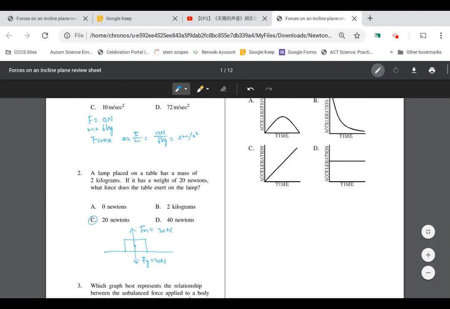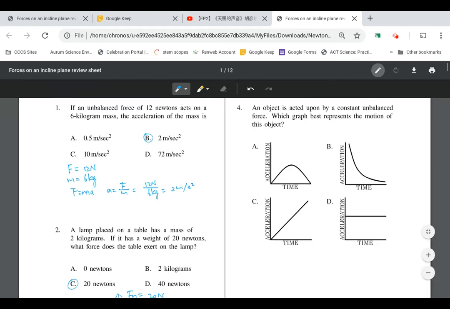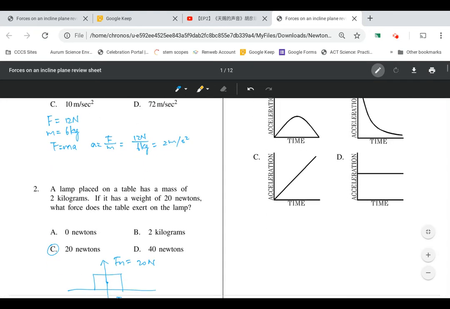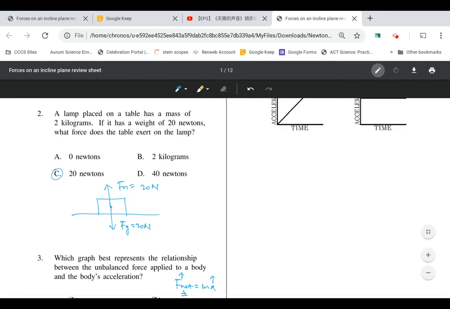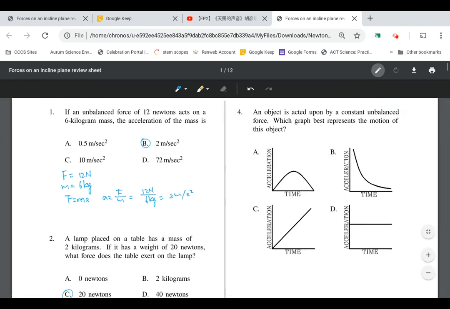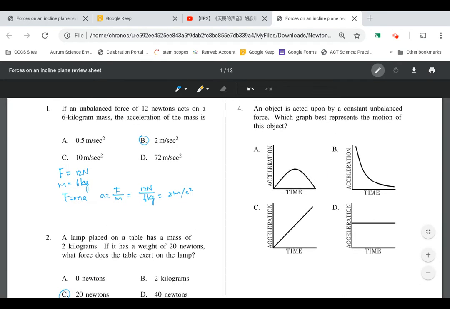Question number 4. An object acting upon a constant unbalanced force, which graph best represents the motion of this object?